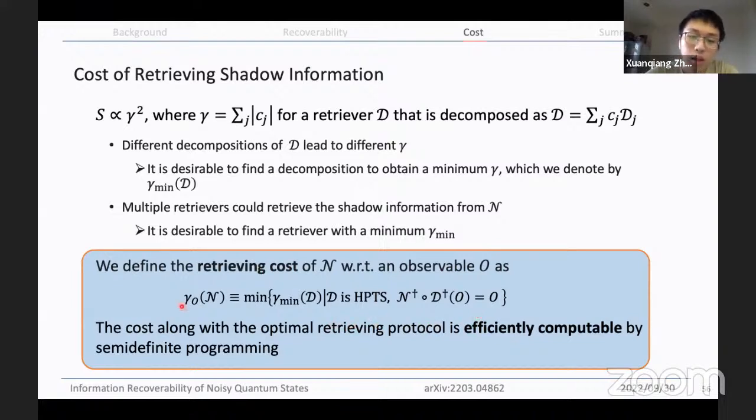And this cost is efficiently computable with semi-definite programming. And the semi-definite programming will also give us the optimal retrieving protocol corresponding to this retrieving cost.